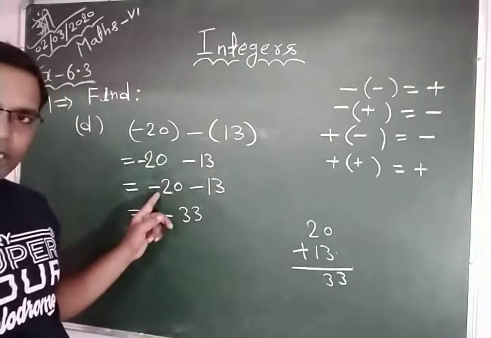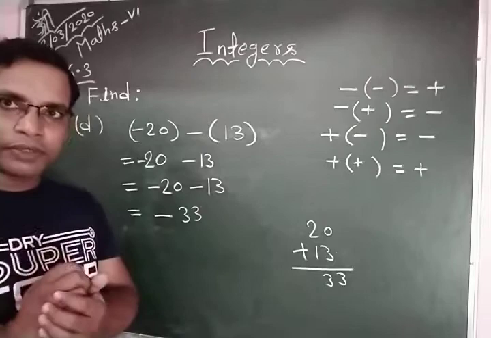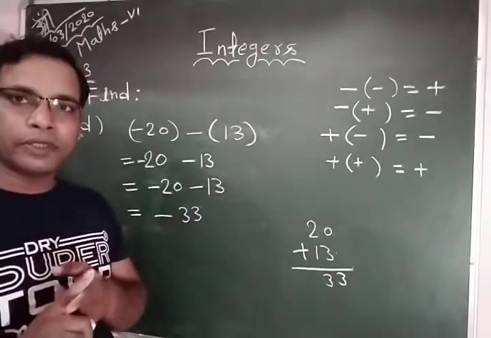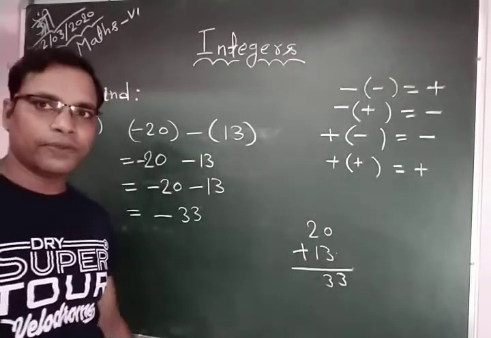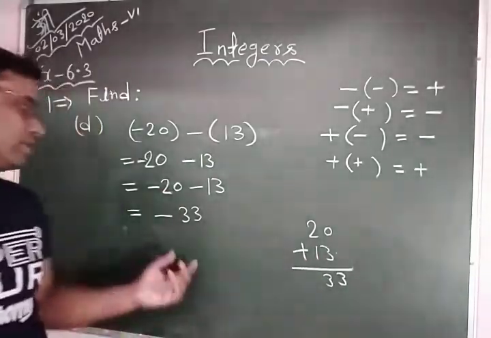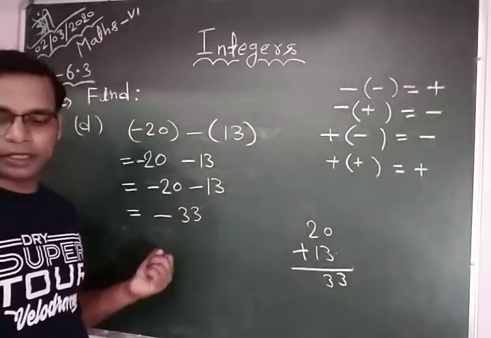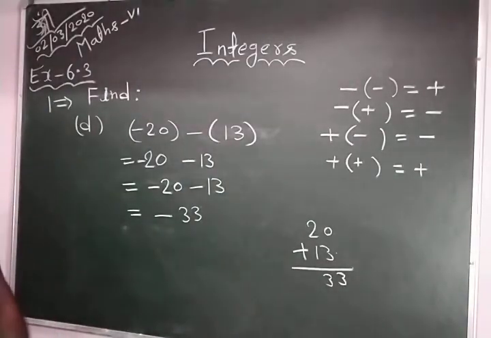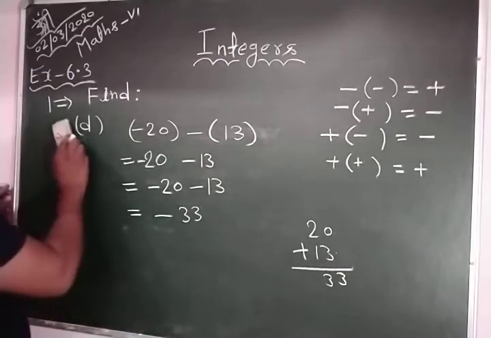Here you can see minus 20 minus 13, both signs are the same. So first write the sign, after this we add them. It means that 20 plus 13 is equal to 33. So our required result is 33. This is clear.